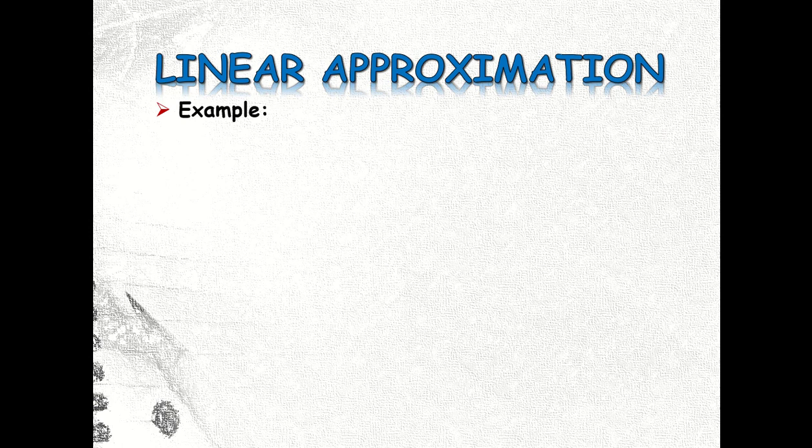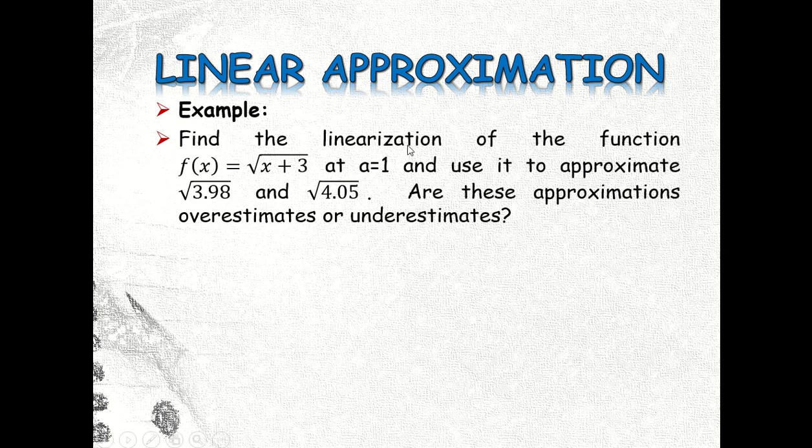Now, for example, if you are given, say, square root of 3.98 and square root of 4.05. So find the linearization of the function given f of x equal to square root of x plus 3 at a equal to 1, and use it to approximate the square root of 3.98 and the square root of 4.05.